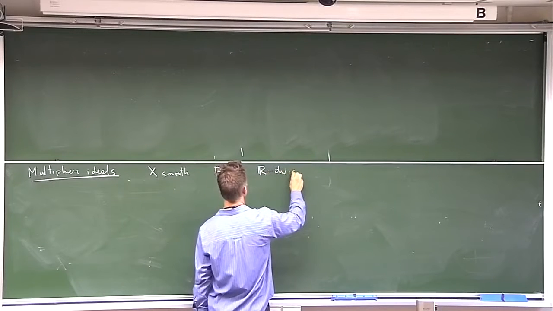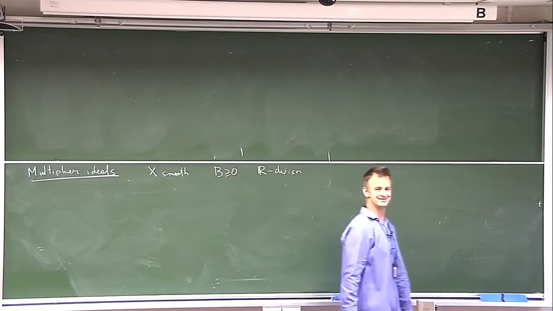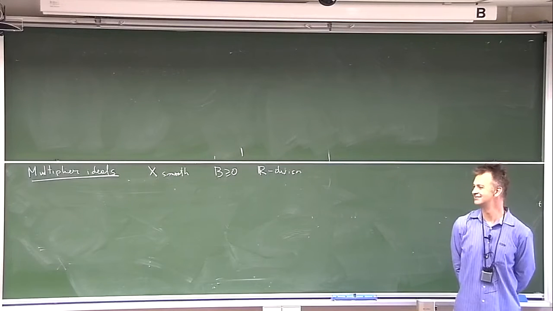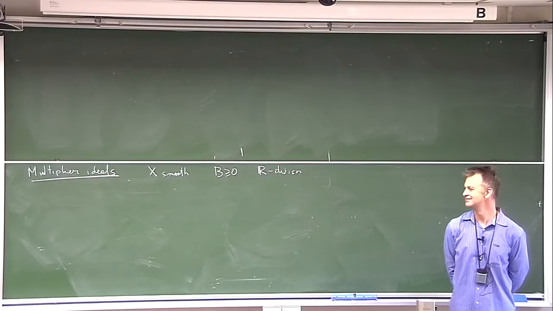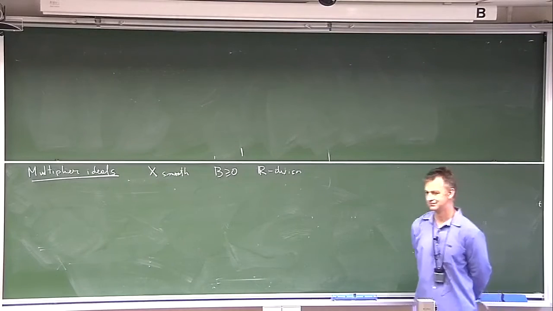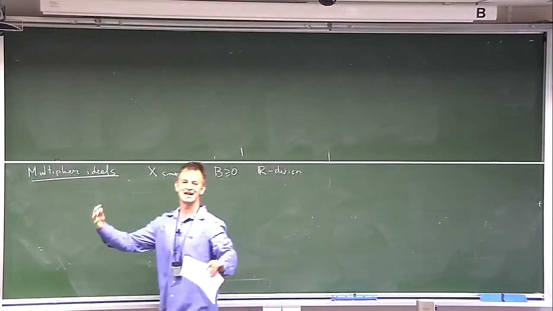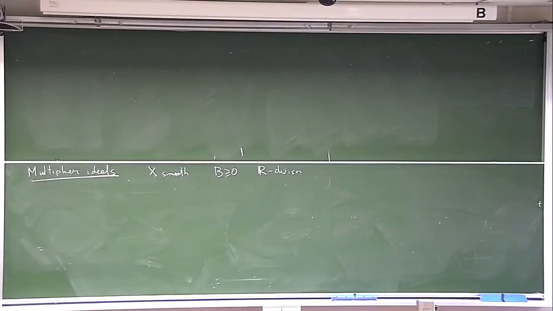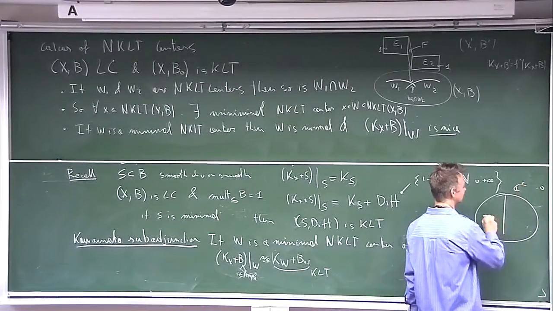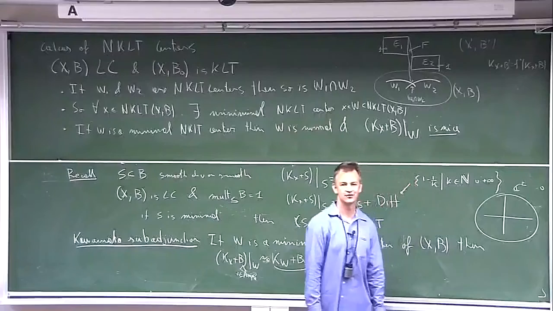I'm sorry, can you give me some example where if it's not minimal, it fails to be normal? Gladly, because it's so easy. You take C^2, and you take your divisor to be the union of two lines.